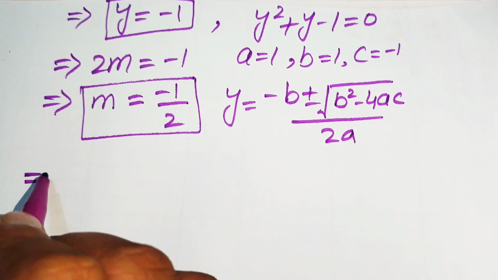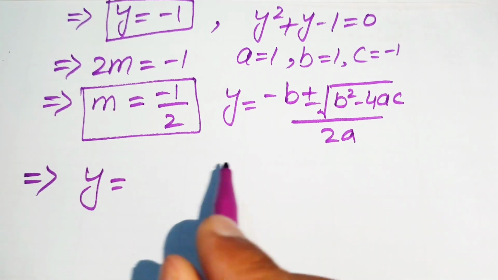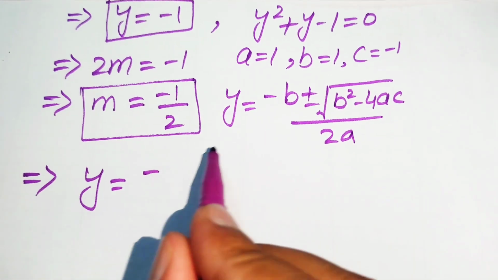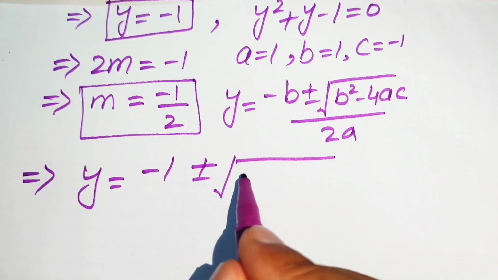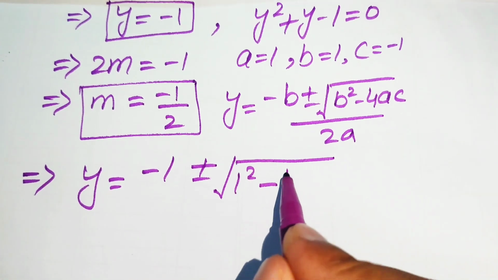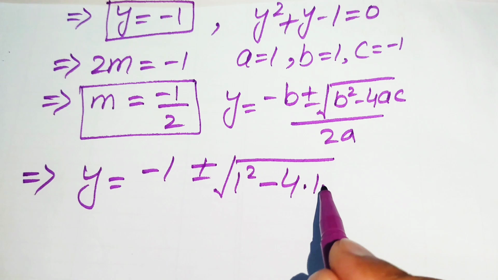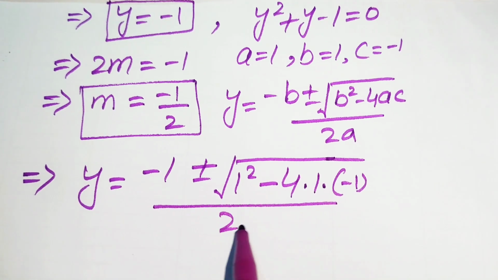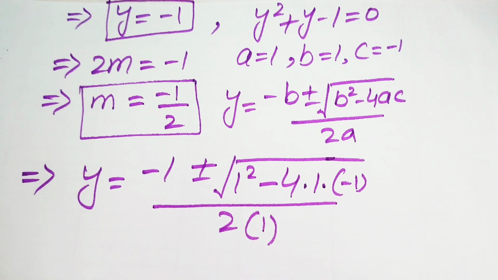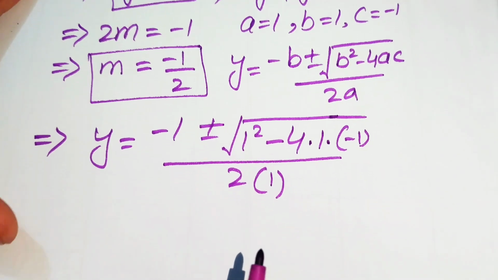So when you substitute the values of a, b, and c, it is written as minus b, and the value of b is 1, so minus 1, plus minus square root of b square, so 1 square, minus 4 times a, which is 1, times c, which is minus 1, divided by 2 times a, and our a is also 1.